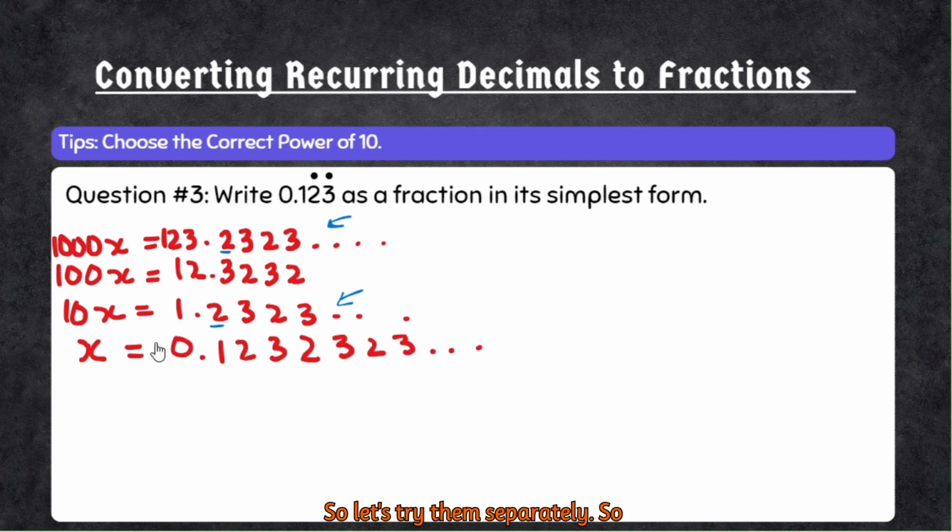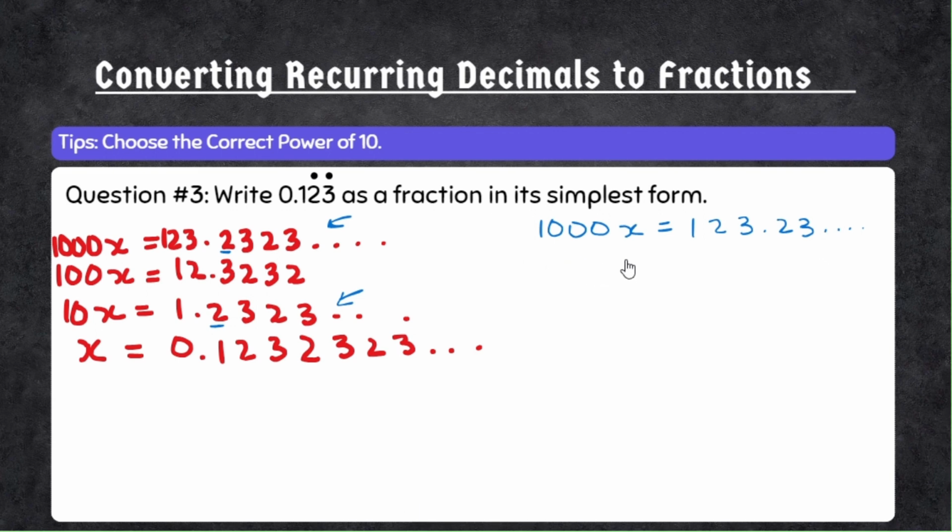So let's write them separately. We have 1000x is equal to 123.23 and so on, and 10x is equal to 1.23 and so on.